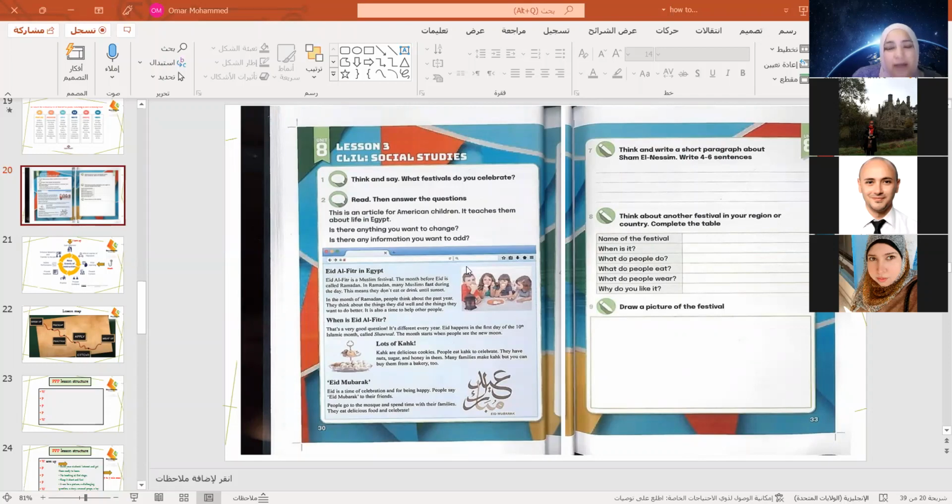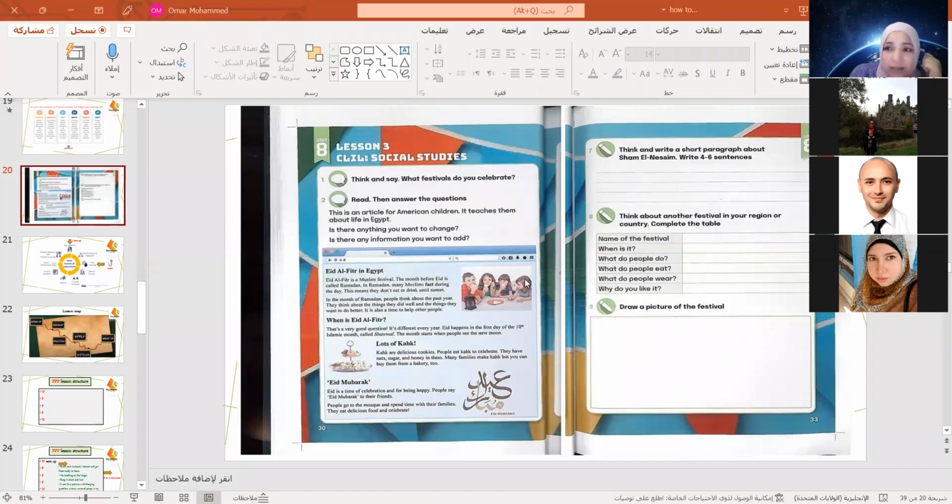Of course. If you look at the first question, think and say, what festival do you celebrate? So what is he asking the student about here? He's asking about their habits, what they celebrate. Yes. So he is starting by asking the students about something they already know.